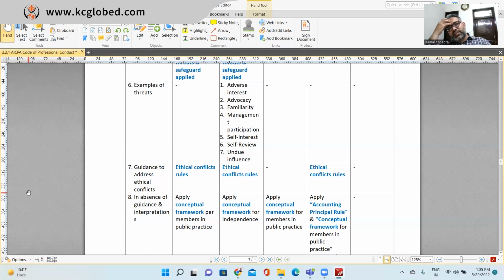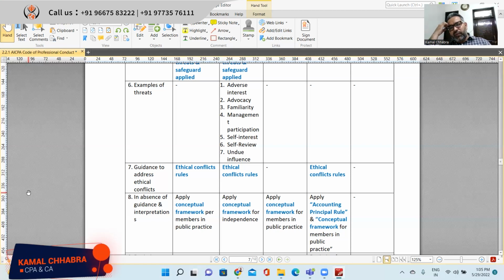So your interest is in competition. Then there might be a possibility that you will leak certain confidential information to Honda, right? You're doing the audit of Mahindra, and there might be a possibility that Mahindra is coming into the EV vehicle market very soon, and they have signed an agreement with a company to start production of the EV vehicle.